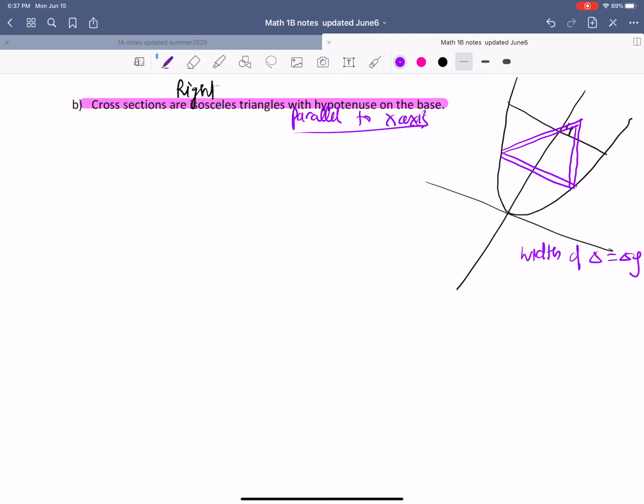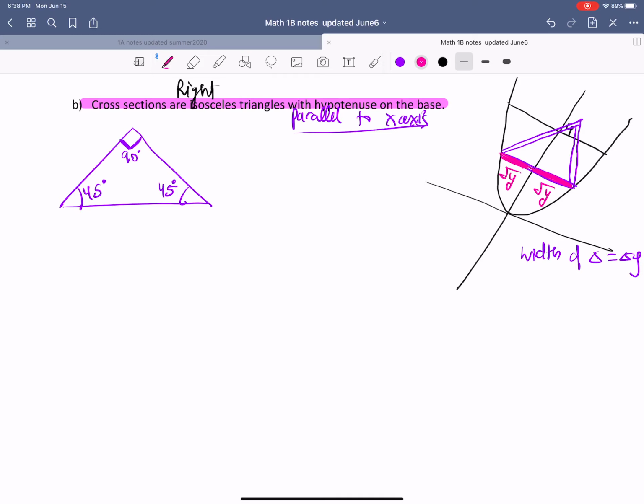Let's think about our isosceles right triangle here. This is a 90 degree angle here, so this would be 45 degrees and this would be 45 degrees. We can split it into another 45, 45, 90 triangle. In the previous problem, we found that this is the x value, which in terms of y was square root of y, and this is also square root of y.